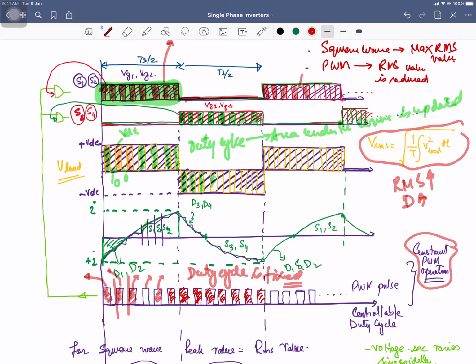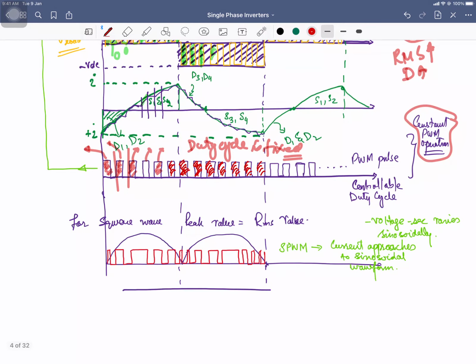The other way is to have the varying pulse width PWM, as you can see over here. The pulse width is not the same, it is changing, and it is changing according to the sine wave that you can observe over here.